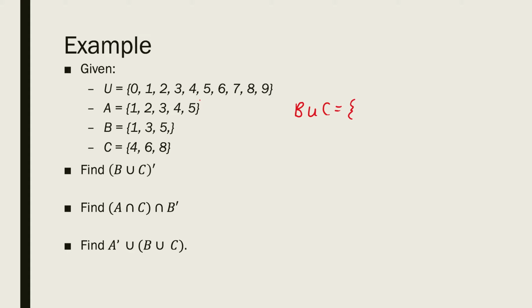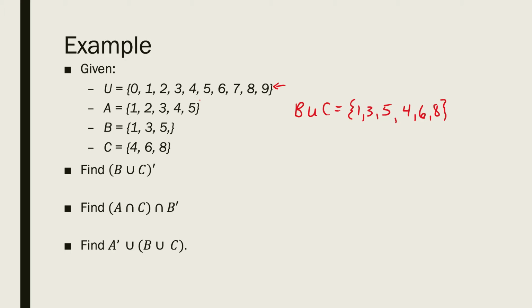So a union means to merge, so I'm going to write down B, and then I'm going to write down C. There are no duplicates, so I now have B union C. Now I need the complement of that. So I'm going to compare B union C back to my universal set.